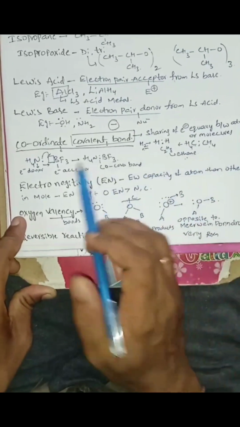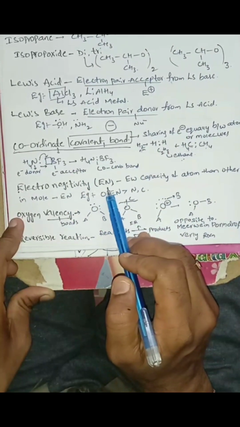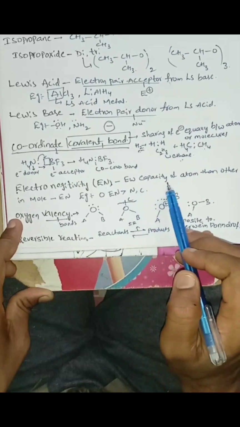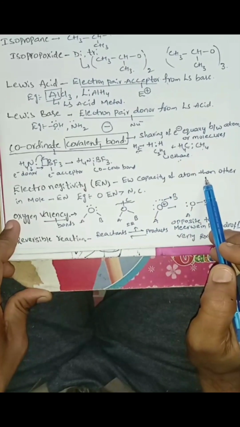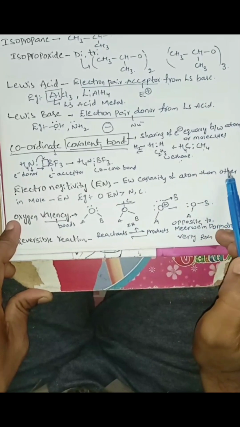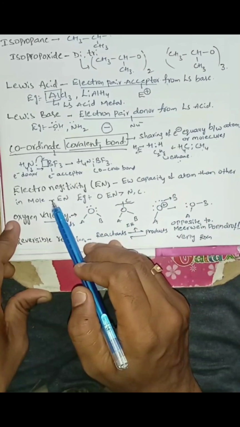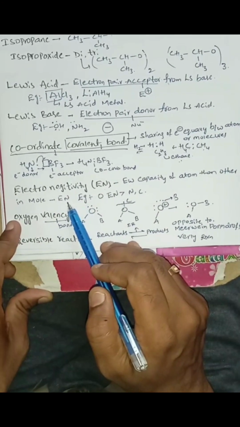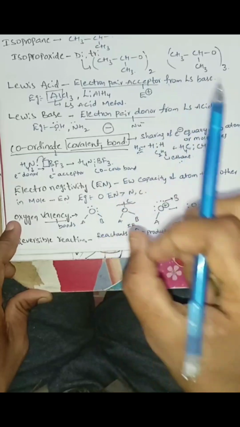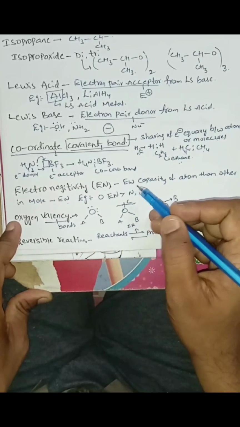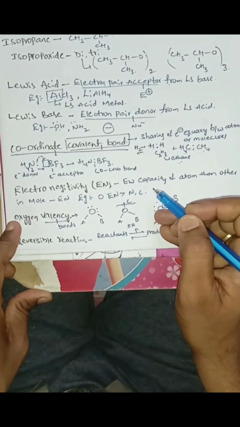Next one is electronegativity. Electronegativity is the electron withdrawing capacity of an atom in a molecule compared to other atoms in the molecule. A good example: it can withdraw the electrons from atoms in molecules.